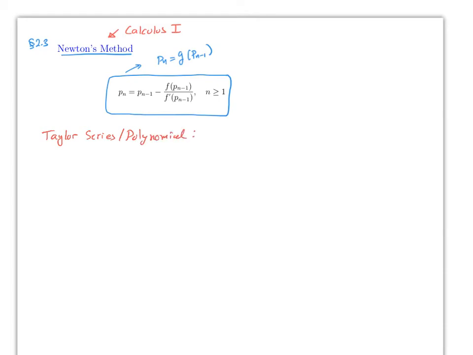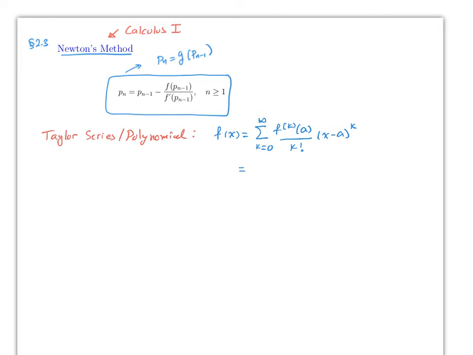Okay. So by definition, a Taylor polynomial of some function f of x is the sum from k equals 0 to infinity, so that's the series, of the k-th derivative evaluated at some point, let's say a, divided by k factorial times x minus a to the k power.